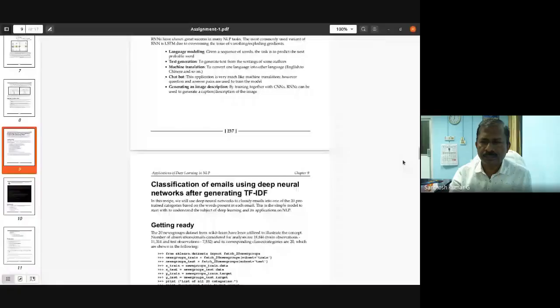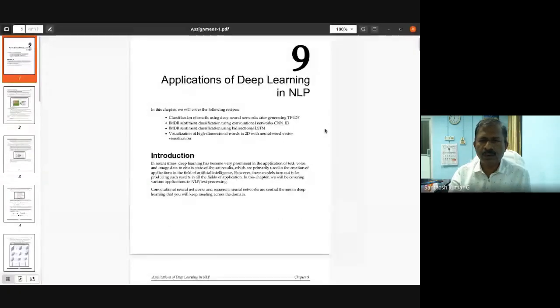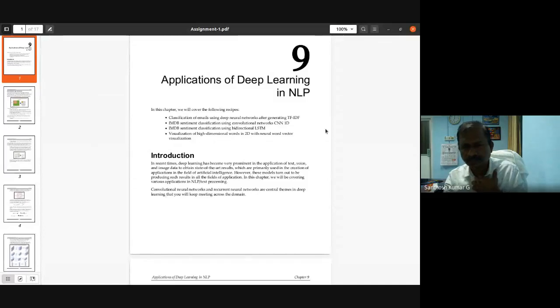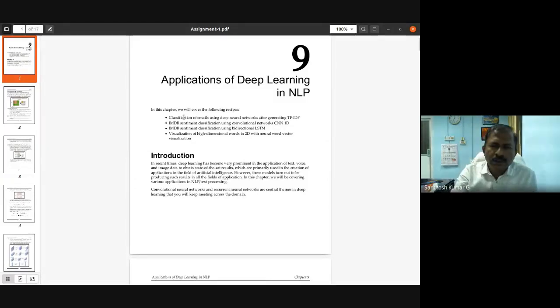Yeah. So one problem you have to do by yourself is a classification problem: classification of emails using a deep neural network after generating term frequency, inverse document frequency.